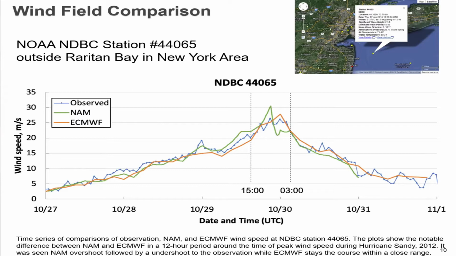You can see that NAM has overshooting and undershooting near the peak period, from UTC 15 to 10, October 30, 3 o'clock in the morning. And orange, shown by ECMWF, hovers around the observation better.